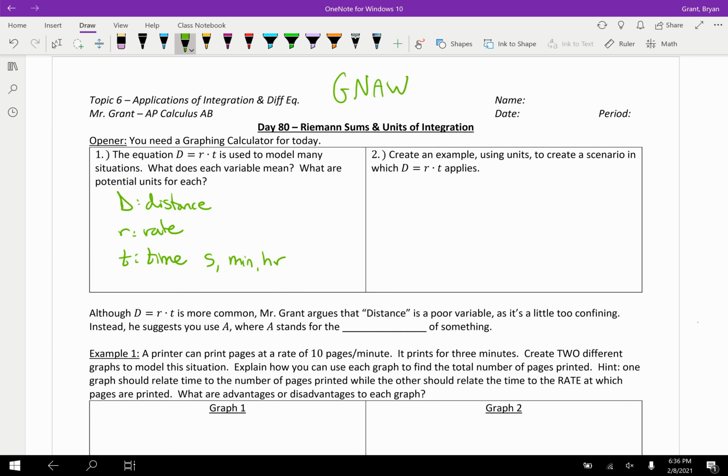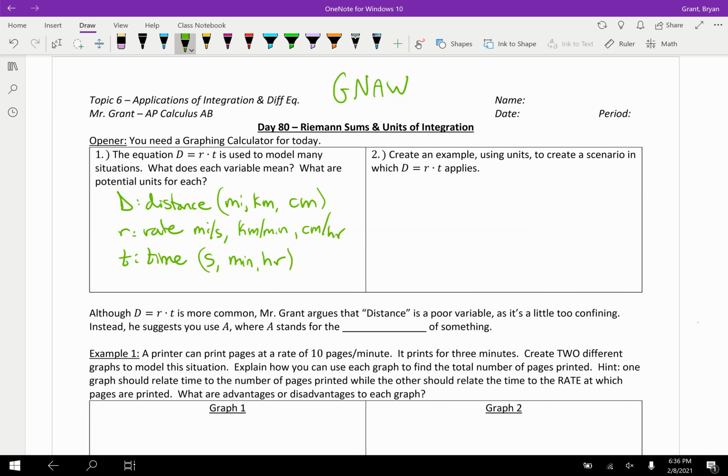Distance is pretty easy, right? You can have miles, you can have kilometers, centimeters, anything like that. Rates can be a little trickier until you remember that rates are like speeds. So maybe something like miles per second, or kilometers per minute, or centimeters per hour, something like that.